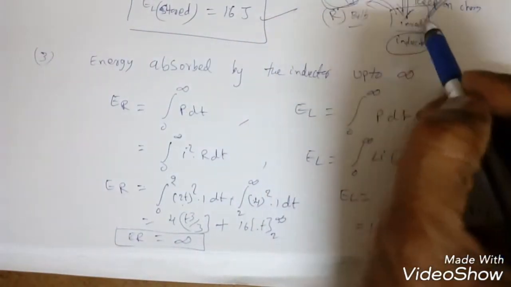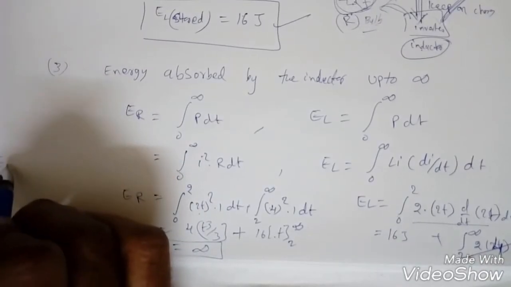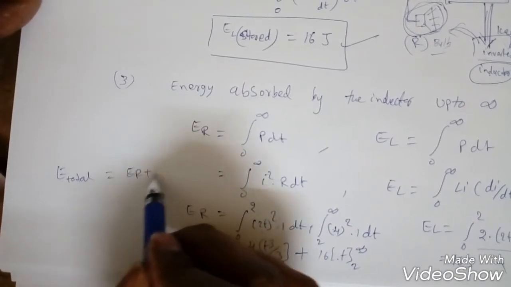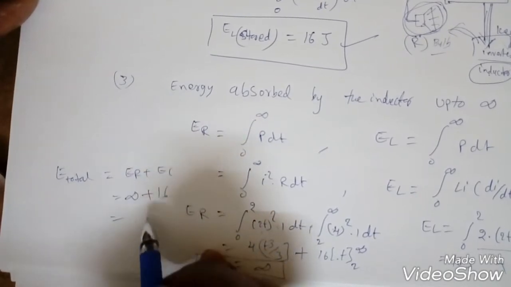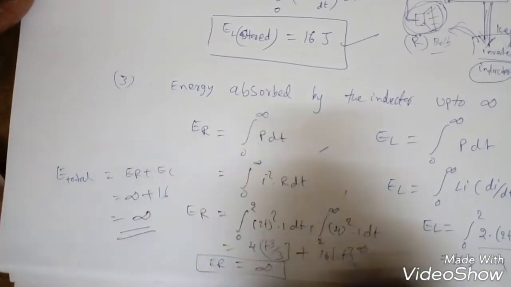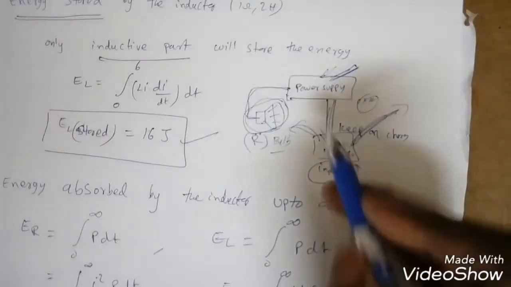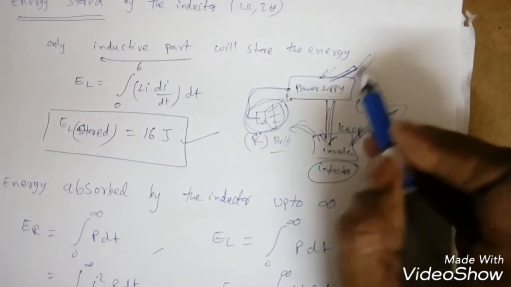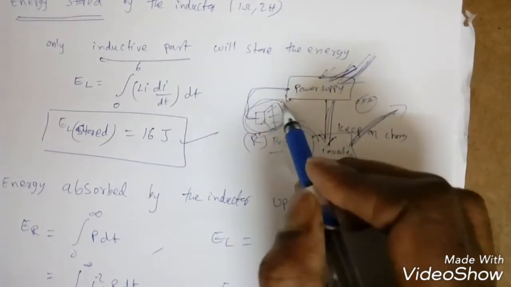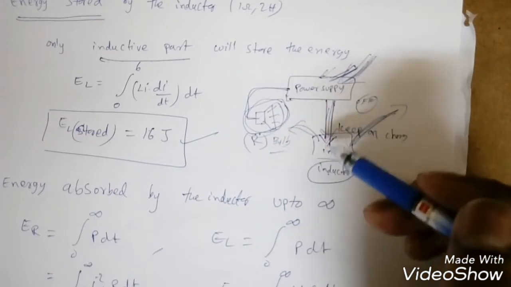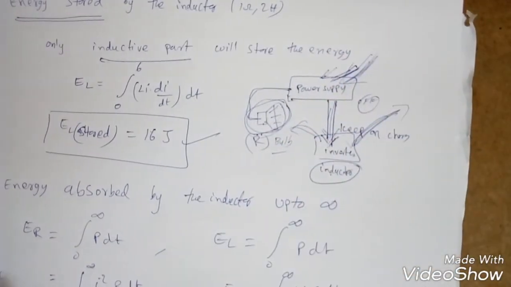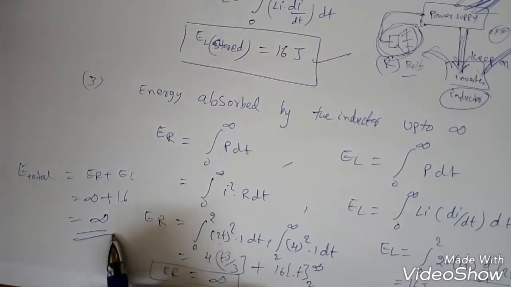The energy absorbed means the resistance path absorbs and the inductive path absorbs, so the total energy E total is ER plus EL. ER is infinity, and something plus infinity is infinity. That means whenever we keep applying the power supply, the resistance as well as the inductive part will keep absorbing power or energy. That's why up to infinity we get infinity.